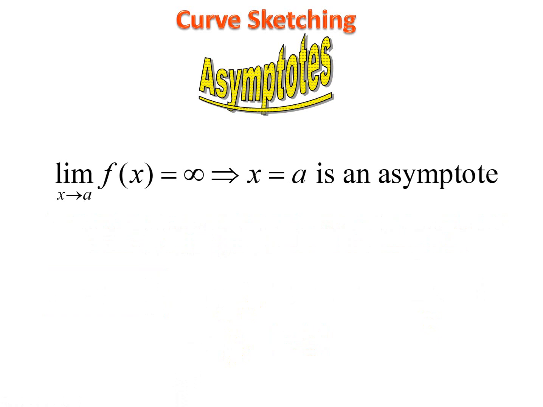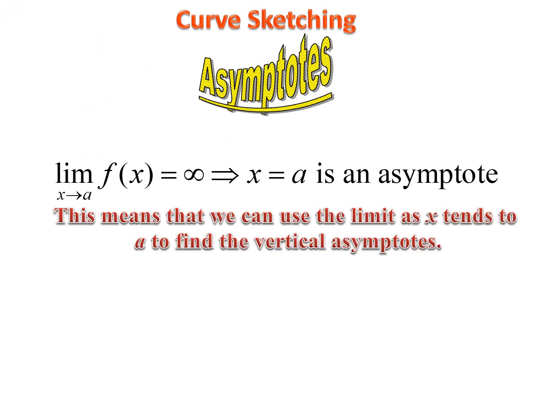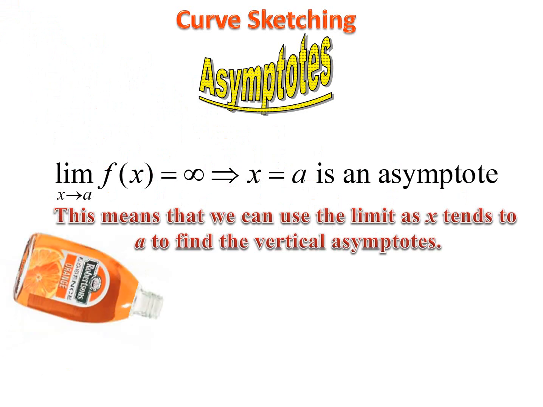The limit of f of x as x tends to a being equal to infinity means that x equals a is an asymptote, and we've already handled those all the way along. So we use the limit as x tends to a to find the vertical asymptote: the values of x which will result in division by 0.